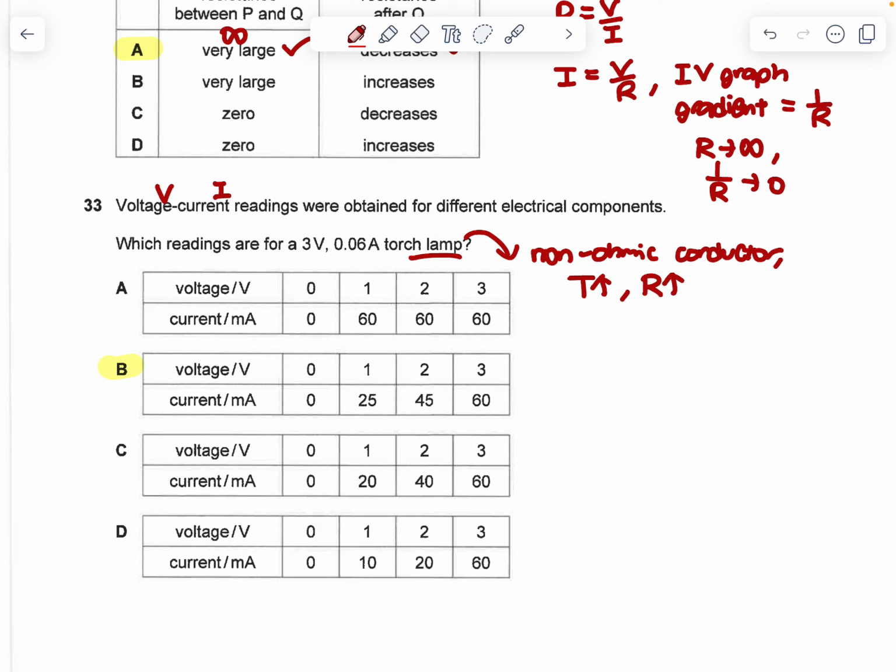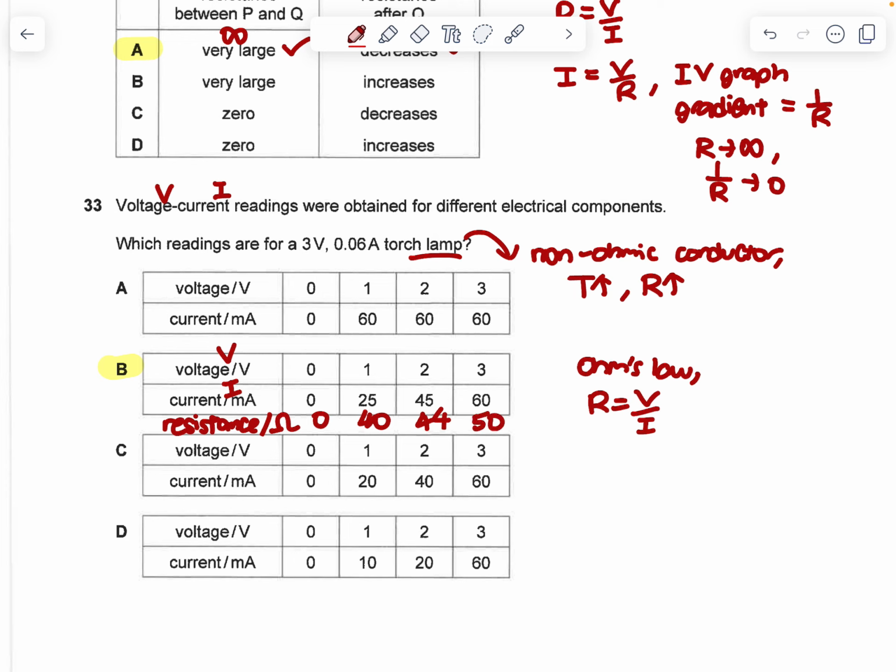So let's calculate using the formula R equals V over I, Ohm's law. 0 divided by 0 is 0. 1 volt divided by 0.025, because this is milliampere and you convert to ampere, you get 40. 2 divided by 45 milliampere, you get 44 ohms. 3 divided by 60 milliampere, you get 50.